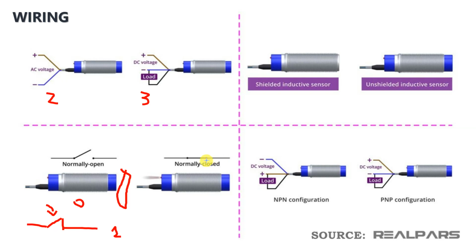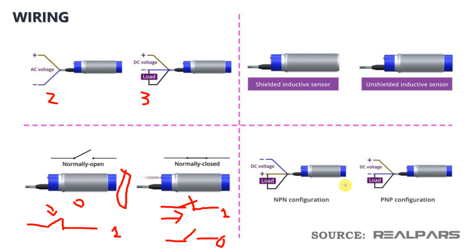An NC switch will give a signal from the start because this is NC, right? And the signal can pass through freely, so from the start it will give a one signal. However, as the object is placed in front of the sensor, it will open and there will be no signal, right?